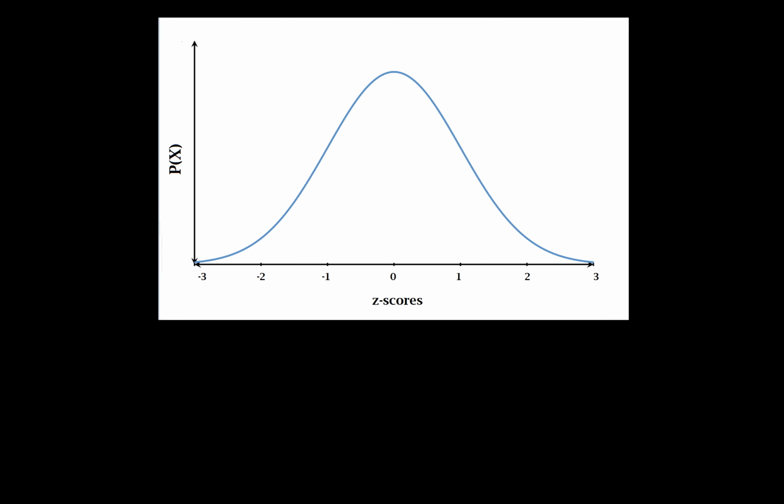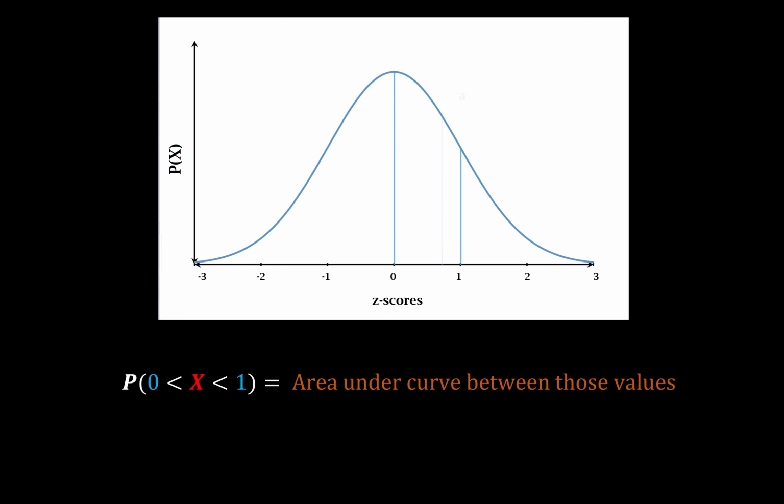Because we are dealing with continuous random variables, the probability of our random variable equaling an exact value is 0, just like before. However, we can calculate the probability of ranges, such as from 0 to 1.